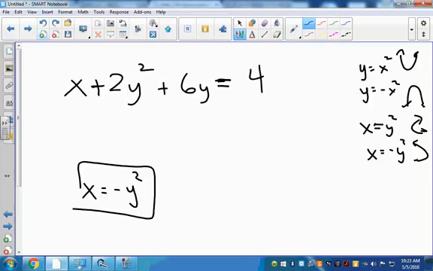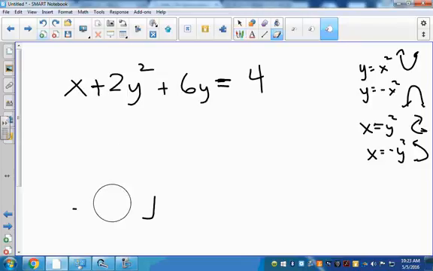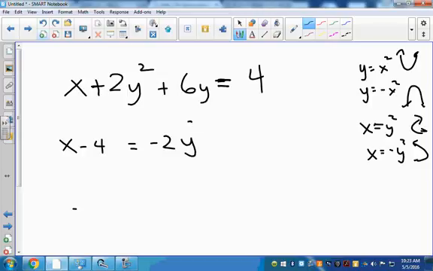So here's the first thing we're going to do. Let's rearrange the terms. So I have the x. I'm going to move this constant over here with it. And then I have minus 2y squared, and I'll move that over, so that's minus 6y. Everybody agree that's the same equation?